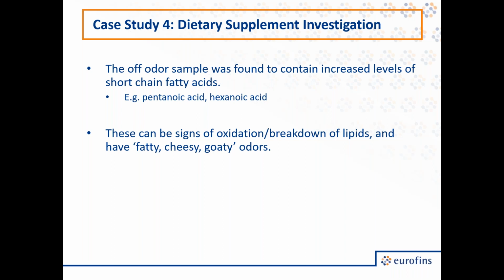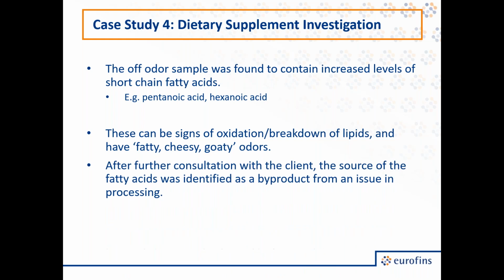And the presence of these compounds, alongside the presence of elevated levels of hexanol, can be signs of the oxidation or breakdown of lipids and have fatty, cheesy, or goaty odors, which led to that barn-like smell. In addition, hexanol has been reported to have a cardboard or a wet cardboard-like aroma. And so by identifying these compounds, we could identify what was causing the off odor.